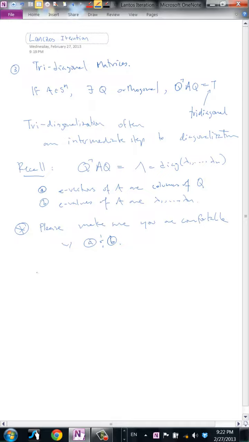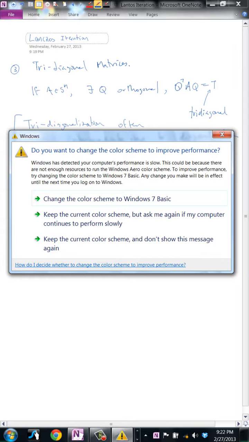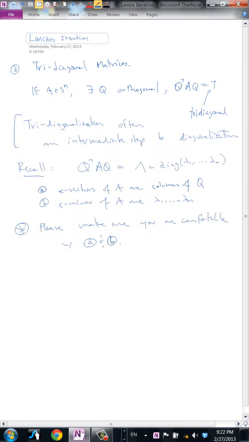So this is why tridiagonalization is often an intermediate step, and we'll see that this is exactly what happens in the Lanczos iteration.